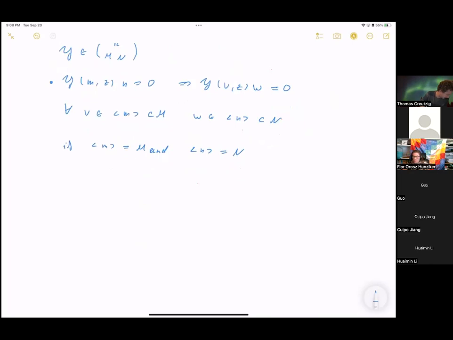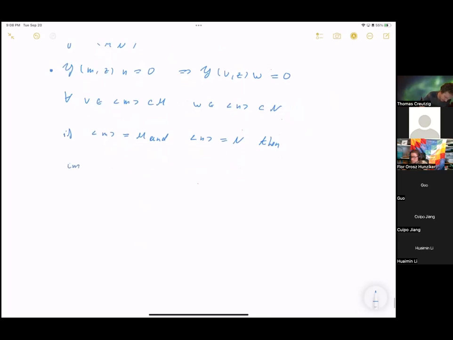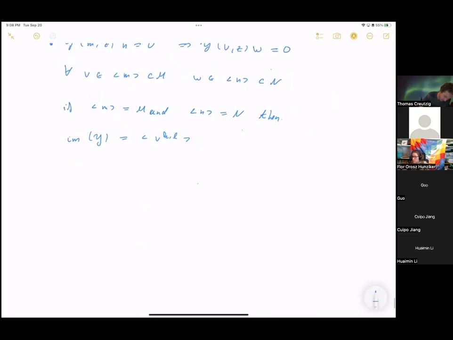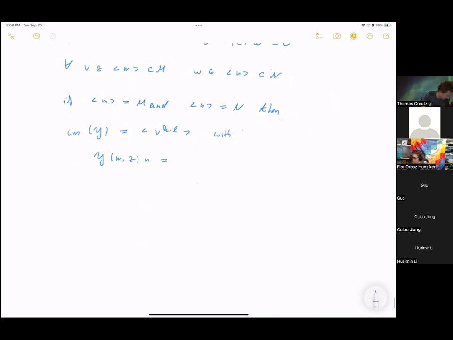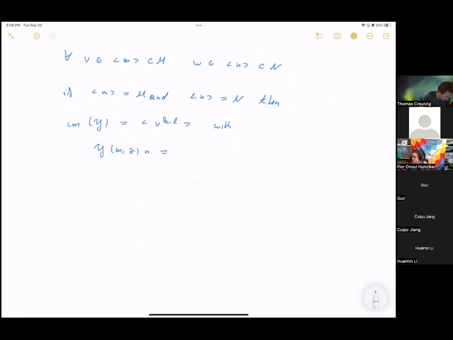So then the image of the intertwining operator is the module generated by the collection of vectors VKL. And what are these? These are those vectors that appear in the action of the intertwiner at M acting on N. So then we can always expand this.